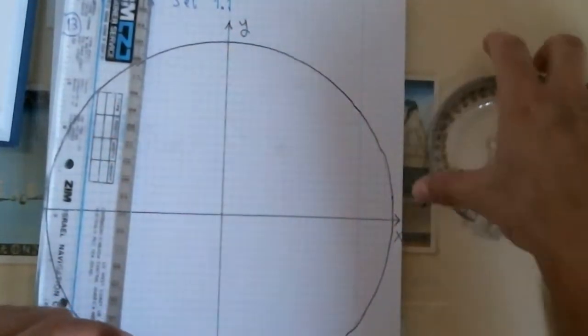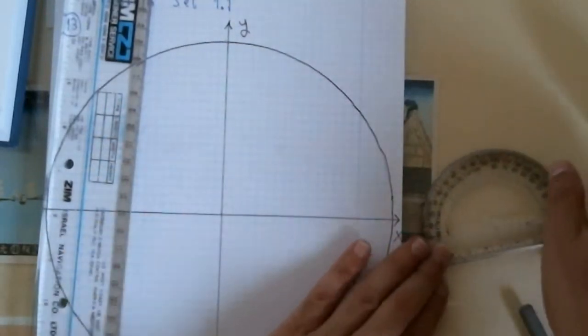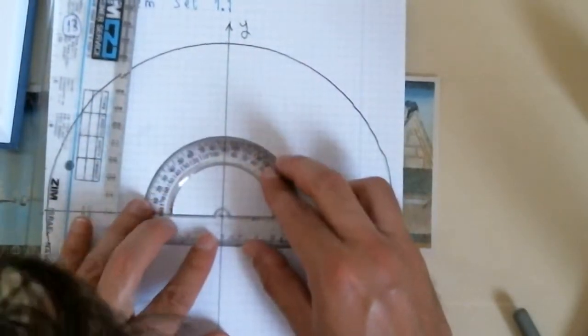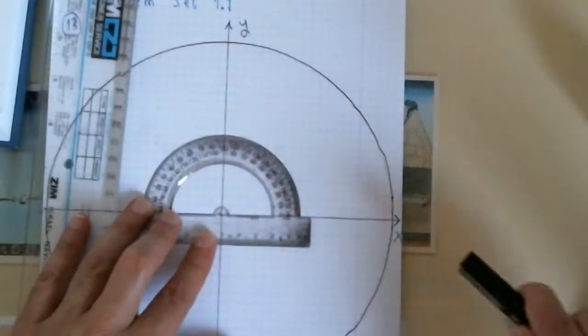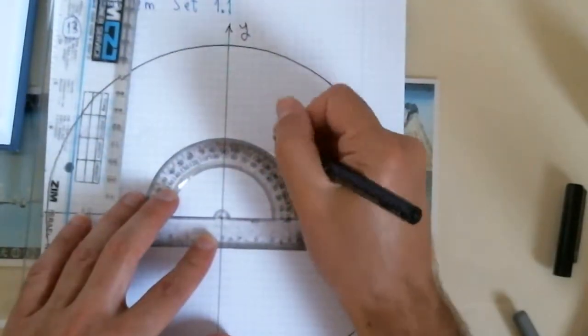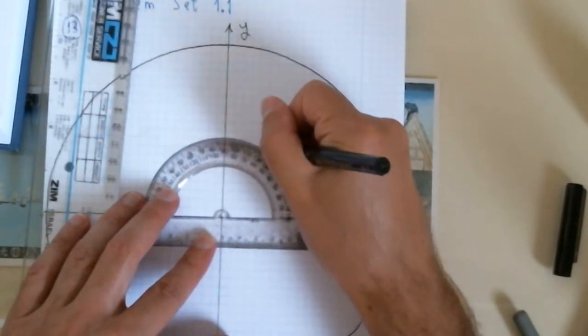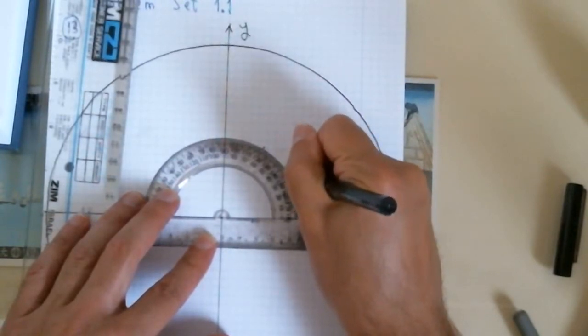So 30 degrees, let's make the exact angle. Okay, so it should be here and here.